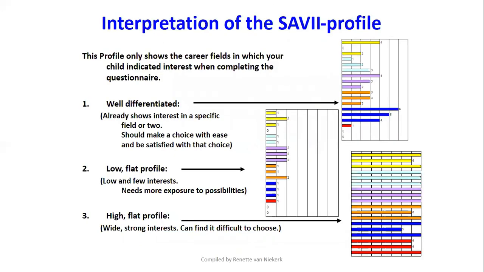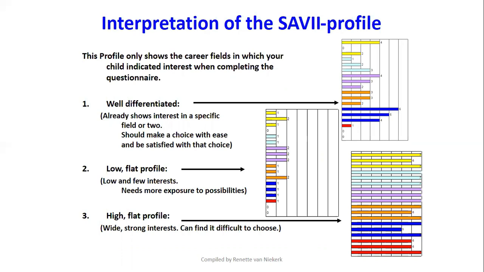On the very first page of your addendum A, you will get your results on your SAVI profile. Now the SAVI stands for the South African Vocational Interest Inventory, and this profile only shows you the career fields in which you indicated interest when you completed the questionnaire.